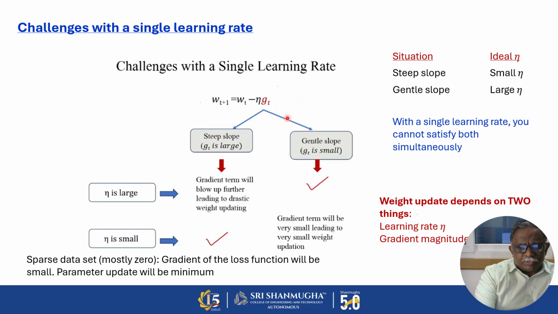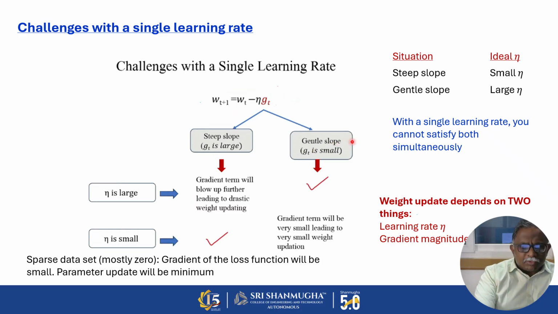Okay. So when g t is very small and you have a large learning rate, then it tries to converge smoothly. Similarly, when eta is very small and you have a steep slope, there will not be any issues.